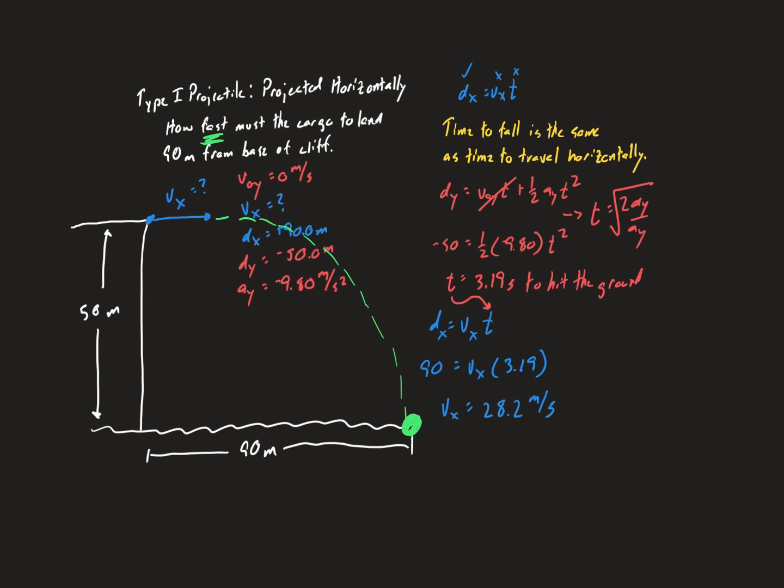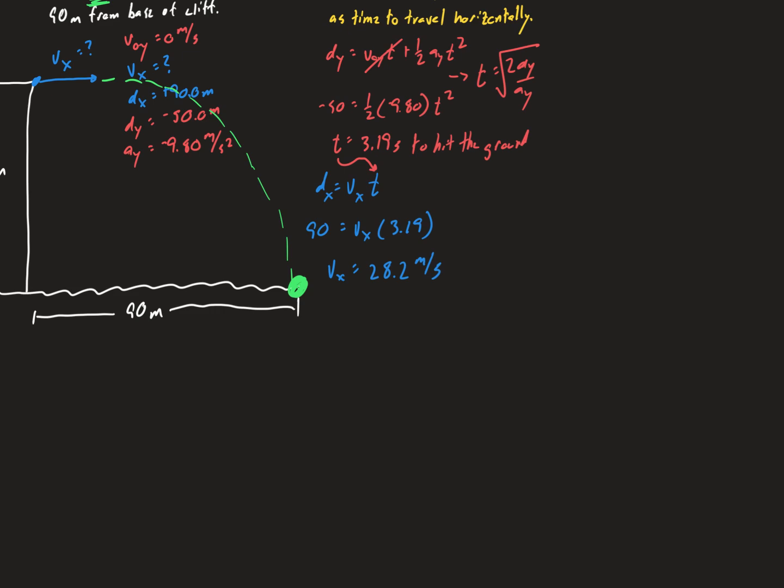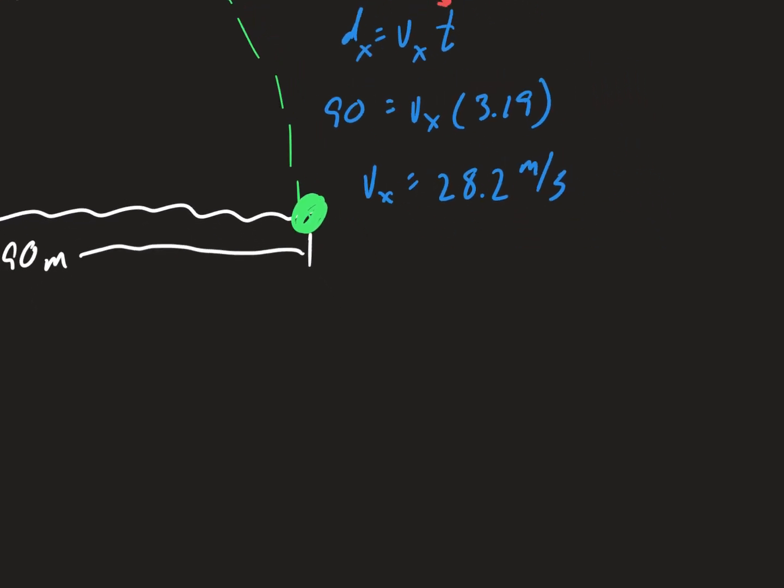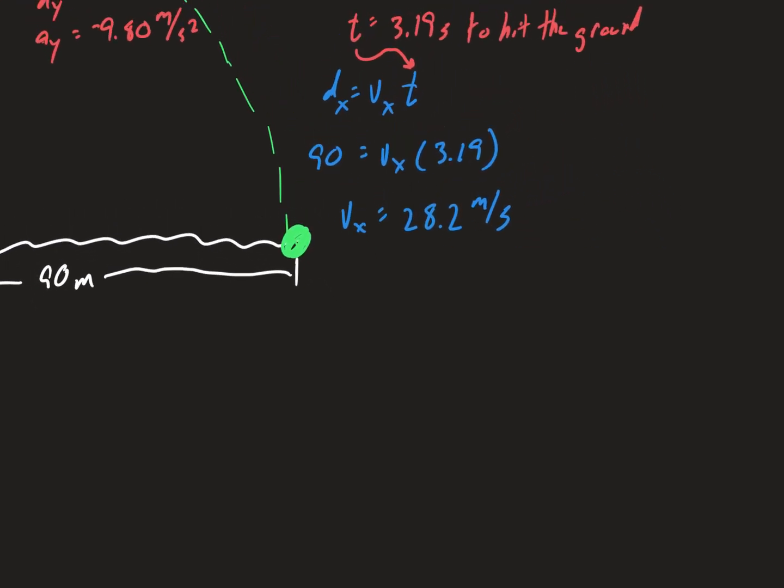A second question that you're probably going to get asked is, what is the velocity of the car at impact, or what is the angle of impact of the car? So what we're doing is zooming in on this ending part here. Once again, we're looking at the velocity vectors. That's going to give us the angle. The velocity vector in the x direction remains unchanged.